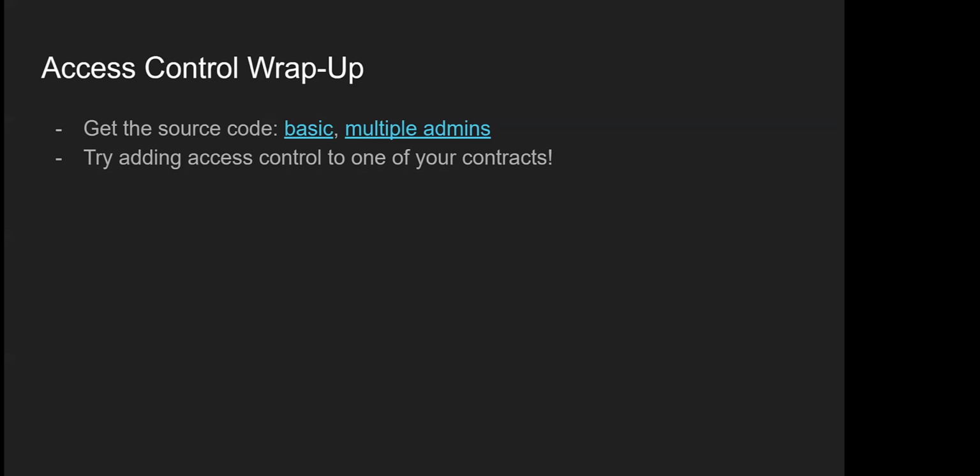And you may want to allow one group of people to call these 3 methods and have another group of people, or one specific person, call another 2 methods. And by adding on some more complicated data structures and applying somewhat the same principles here of just performing a security assertion, you can achieve an access control layer. So you can grab the source code and try this out in your own contracts.